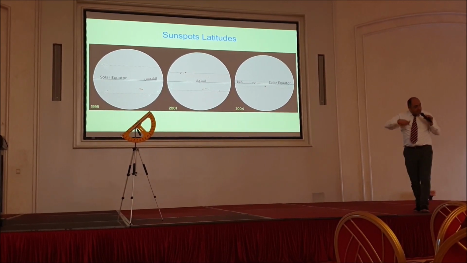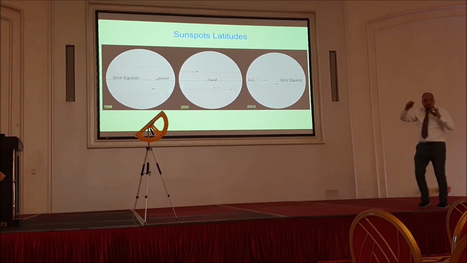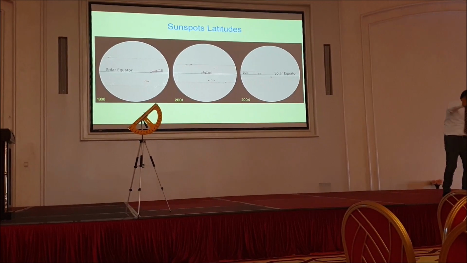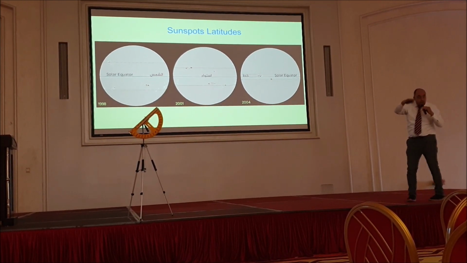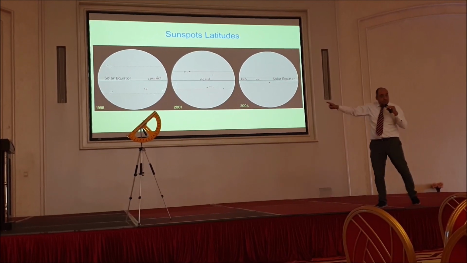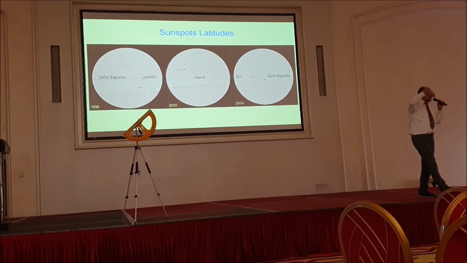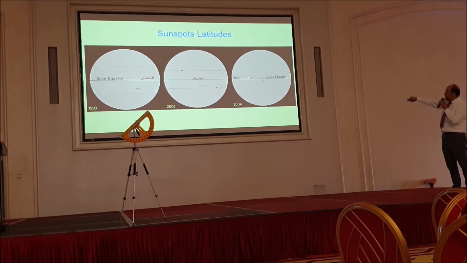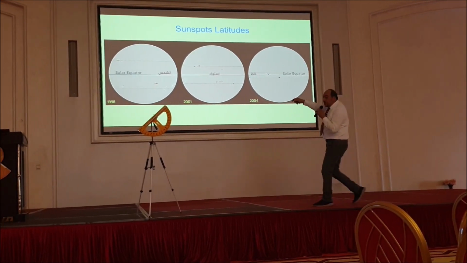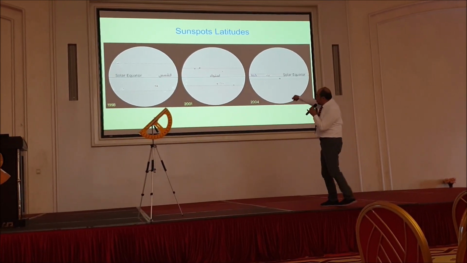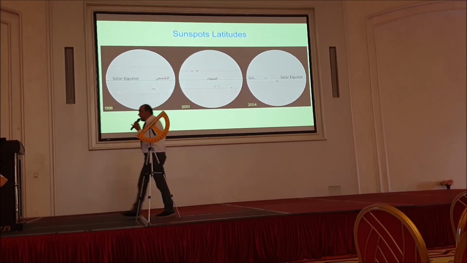With time advancing, the first year, second year, third year of the solar activity, the sunspots start appearing closer and closer to the equator. At the maximum of the solar activity, most of the sunspots appear around the equator. Remember this. They start appearing up, then in the middle, then at the equator.